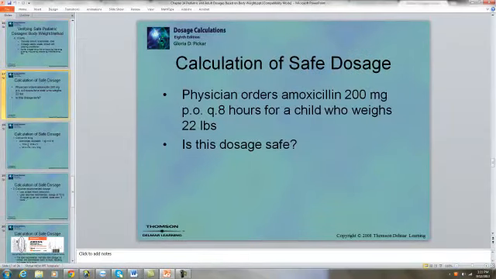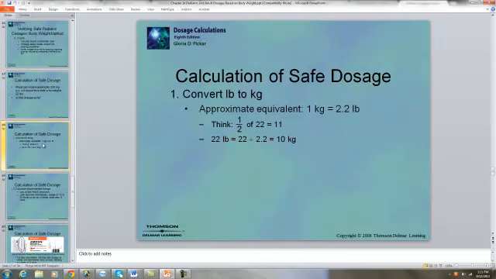So let's say that a physician orders amoxicillin 200 milligrams PO Q 8 hours for a child who weighs 22 pounds. Is this dosage safe? So the first thing we have to do is change 22 pounds to kilograms.